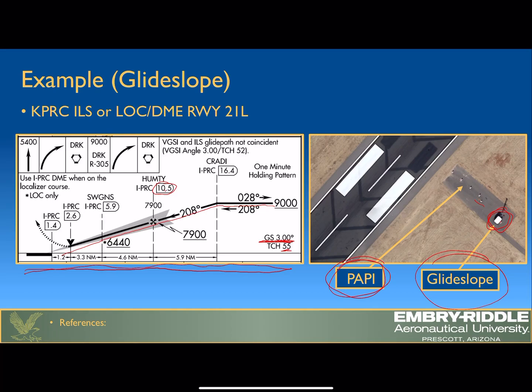So that's just something pilots of larger aircraft have to take into consideration, is how high above the approach end of the runway will I be if I follow glide slope. And again, this approach plate is something we're going to learn to read later in the course. So that is an example of glide slope.